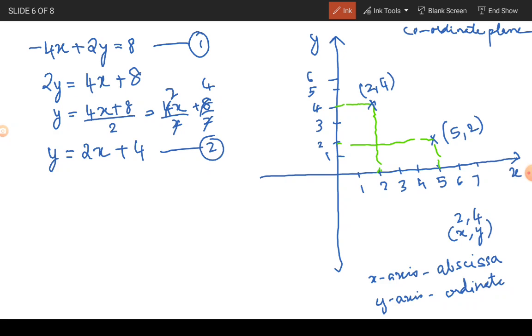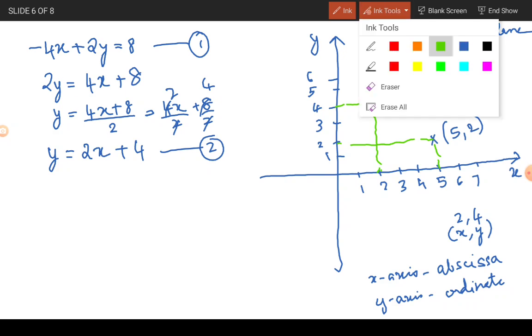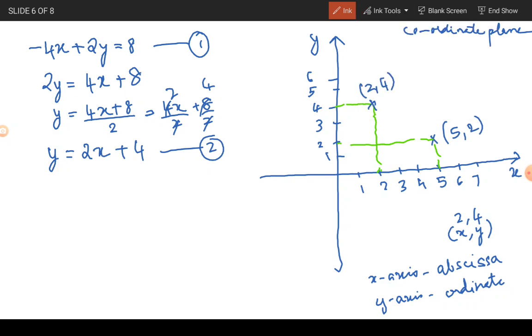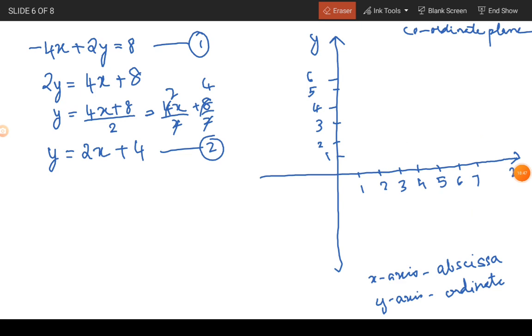So if we have these 2 points and we are trying to plot a straight line which contains these 2 points, all I need to do is take a ruler, join these 2 points with a straight line, and then I can extend it further as much as I want to represent the straight line. This line that I have just drawn is a hypothetical function. I am going to show you how to plot y equals 2x plus 4 in 2 seconds. So now let me show you how to plot this line.